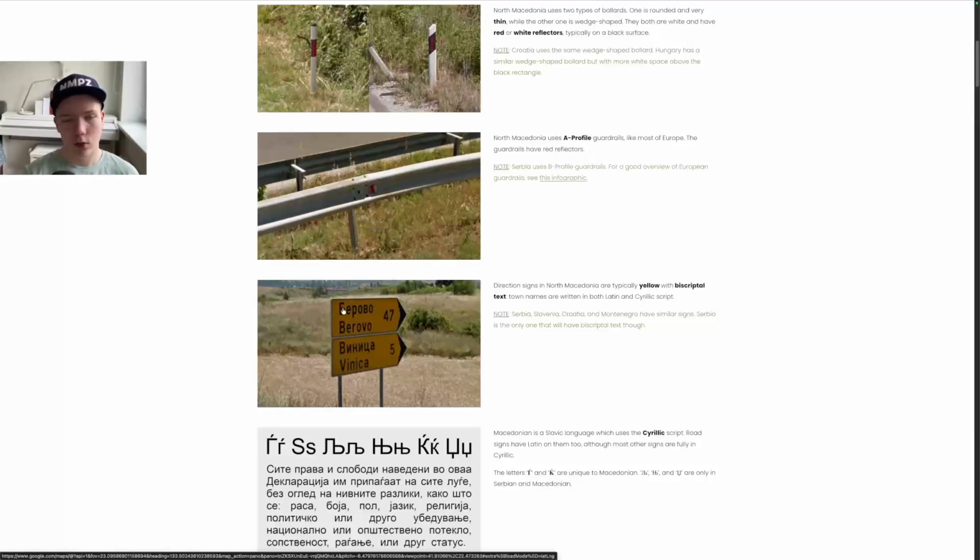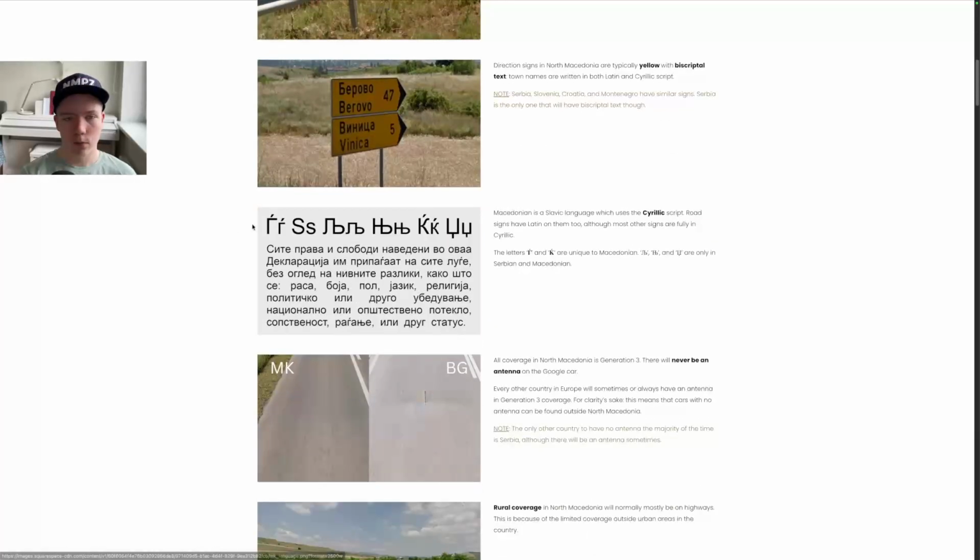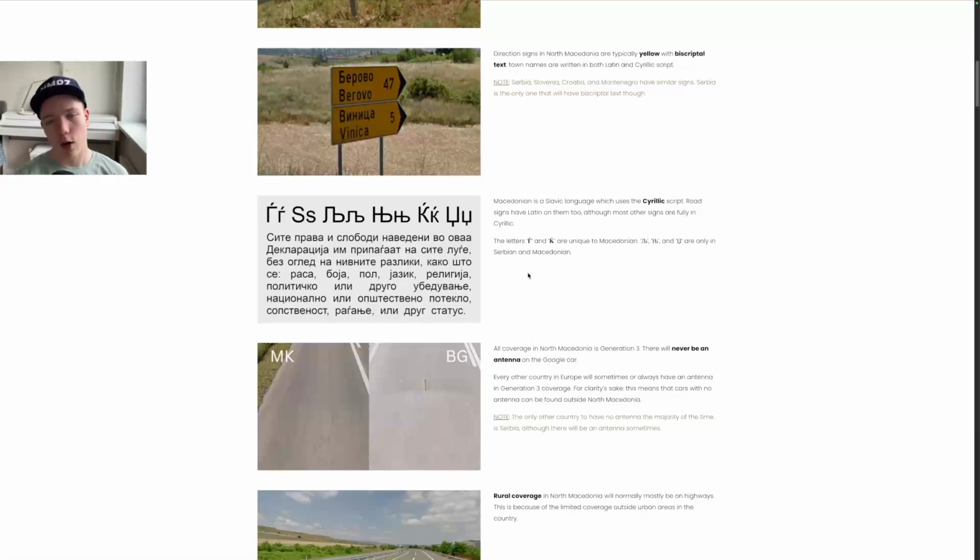Yellow signs as in some other Balkan countries and that area, but you always see Cyrillic and Latin script here. The language looks kind of unique, but you can definitely mix it up with, for example, Serbian or even Bulgarian, Russian, a lot of different languages. North Macedonia always Gen 3.